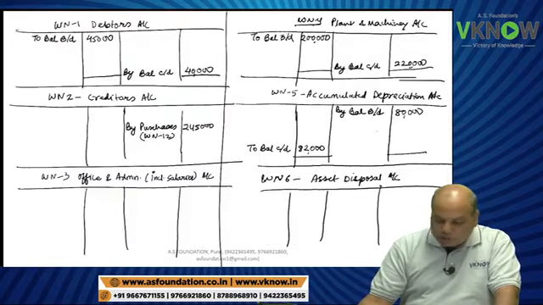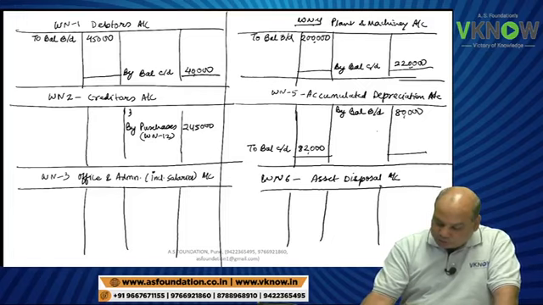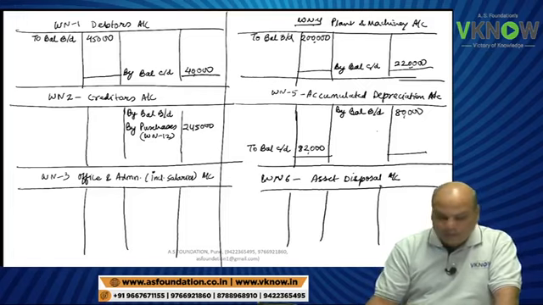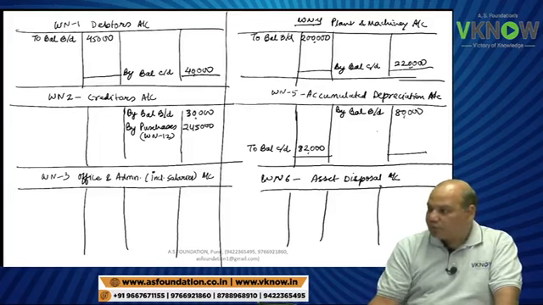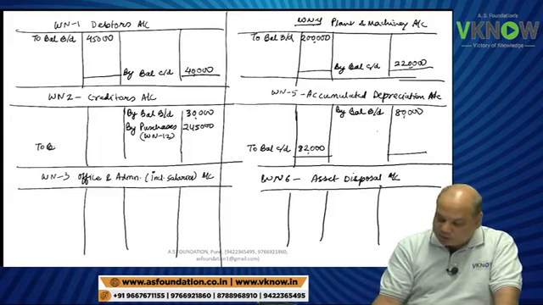Then creditors will come in working note 2. Creditor working note 2, credit side first line, by balance brought down is 30,000 and debit side to balance carried down is 25,000.